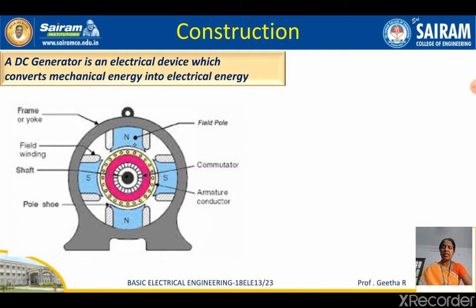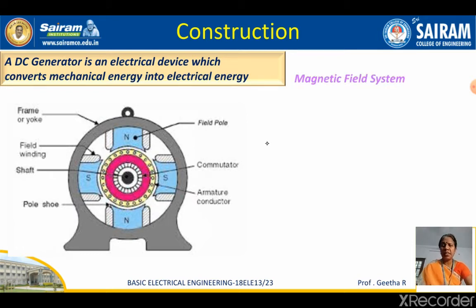You can have either the field system stationary or the armature stationary. For a smaller machine, people generally go for the armature as the rotating part and the field system as the stationary part. But for larger construction, like three-phase alternators, we keep the armature stationary and the field system rotating, which is preferred for many reasons.